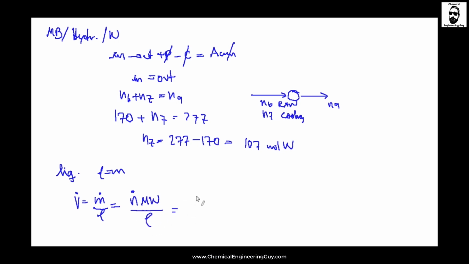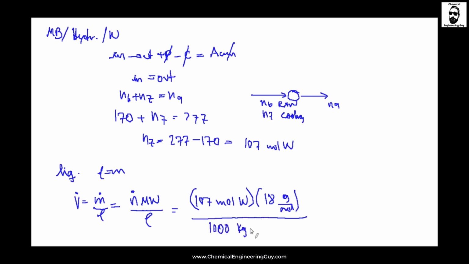So the mole flow is 107 moles of water times the molecular weight, which is 18 grams per mole, and the density is 1000 kilograms per cubic meter, and since I'm using grams, it's 1 gram per milliliter.